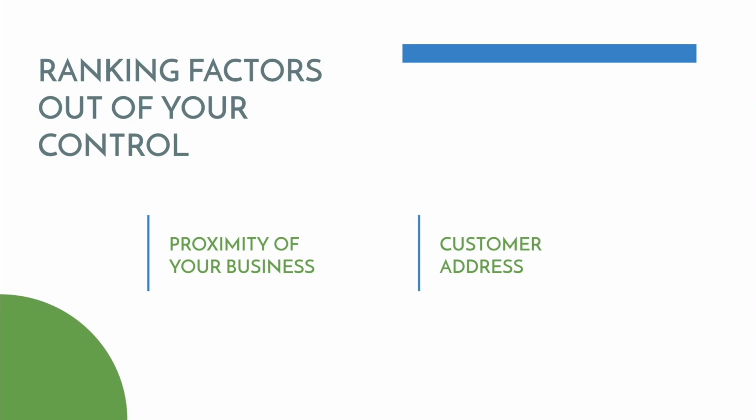If your customer's in Seattle, your Tacoma or Bellevue-based coffee shop won't appear because it's not relevant for that search. Short of opening additional locations to target areas where there are high concentrations of your customers searching, there's not really a lot you can do to optimize for these ranking factors, but you should still be aware of their importance.